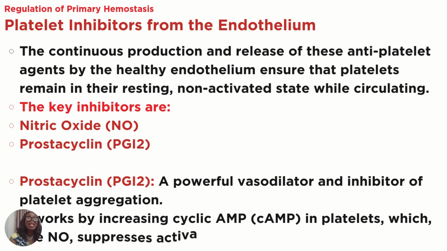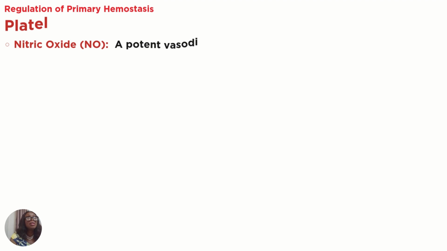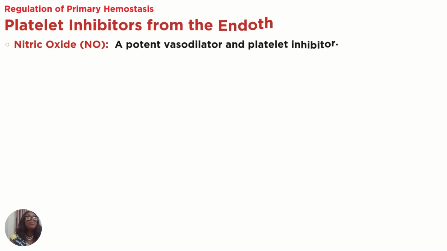It works by increasing cyclic adenosine monophosphate in the platelet, which, like nitric oxide, suppresses platelet activation. So prostacyclin inhibits and suppresses platelet aggregation, and it is a vasodilator, and it helps in regulating platelet actions during primary hemostasis, preventing the process from escalating.